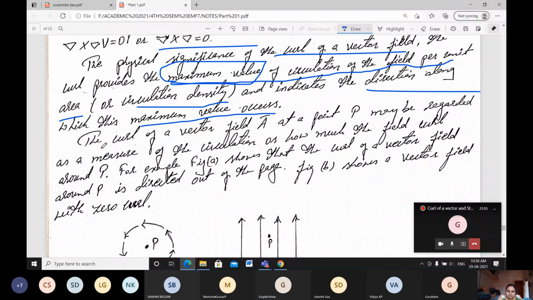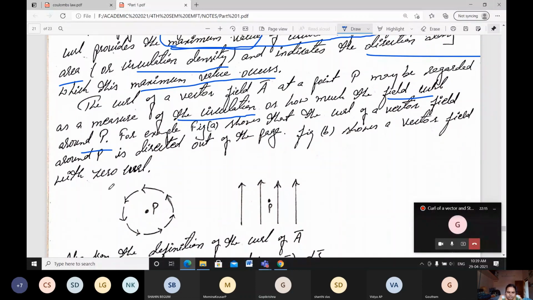Then the curl of a vector field A at point P may be regarded as a measure of the circulation, or how much the field curls around P. That information it is also giving.